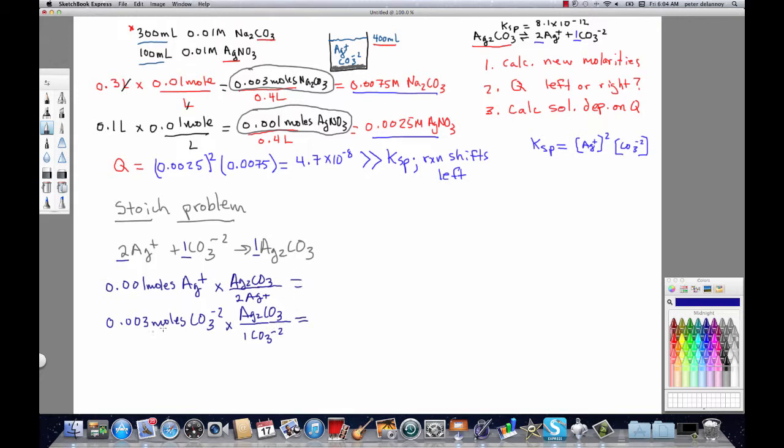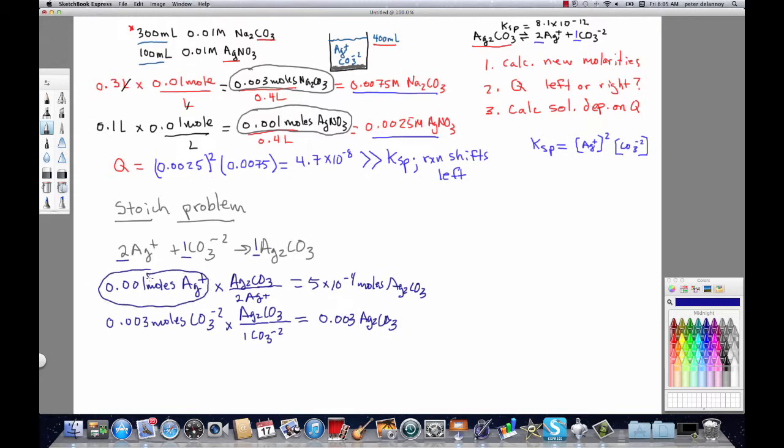So you can see that if we were just using the carbonate for this, we would expect to be able to produce 0.003 moles of the Ag2CO3. And if we were using the silver, we would produce 5 times 10 to the minus 4th moles of the silver carbonate. And you can see that when you compare these two numbers, the silver is limiting.